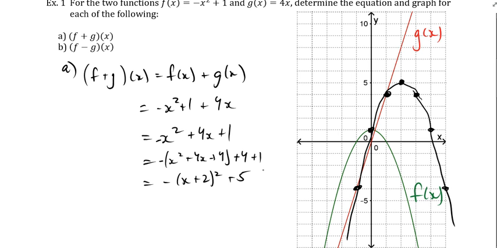So that's got a shift to the left 2, opens downwards, and has a vertical shift up 5. That's the parabola that we just drew, right? See it algebraically. Yes. Well, I should have factored this out. Thank you. This should be negative.